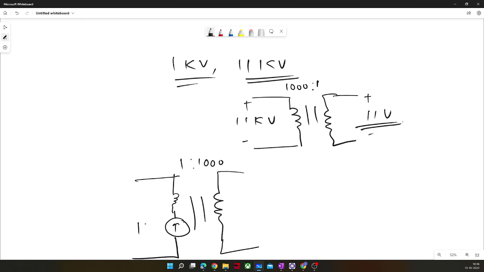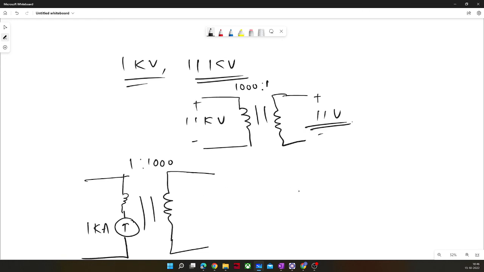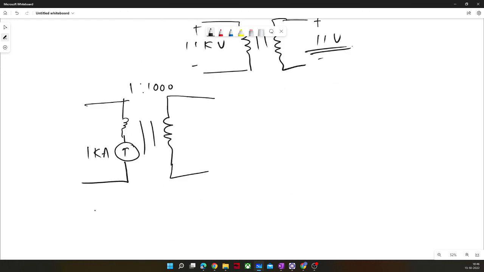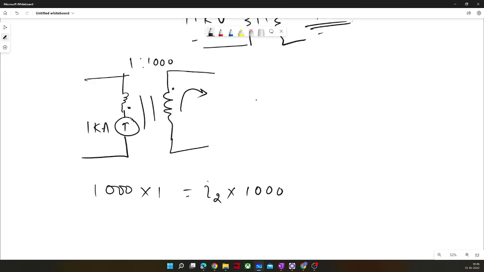Let's say here 1 kiloampere was flowing, and now you want to measure with an ammeter at the secondary terminal. So we will do the MMF balance. 1 kiloampere into 1 is equal to I2 into 1000. So you will get current equal to 1 ampere at the secondary terminals.